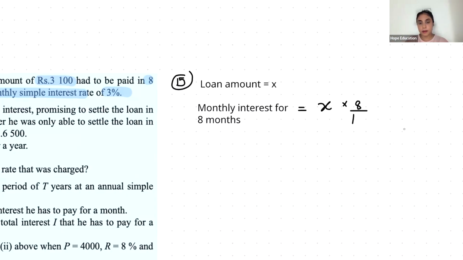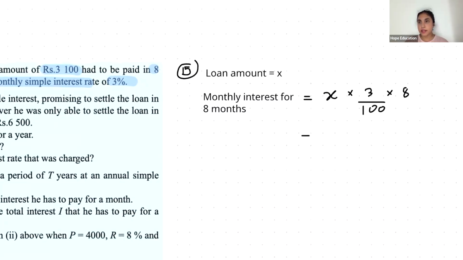Then this is the monthly interest. Now this has been paid for 8 months, so you multiply this by 8. 3 times 8 is 24. So 24x divided by 100 is the total interest.